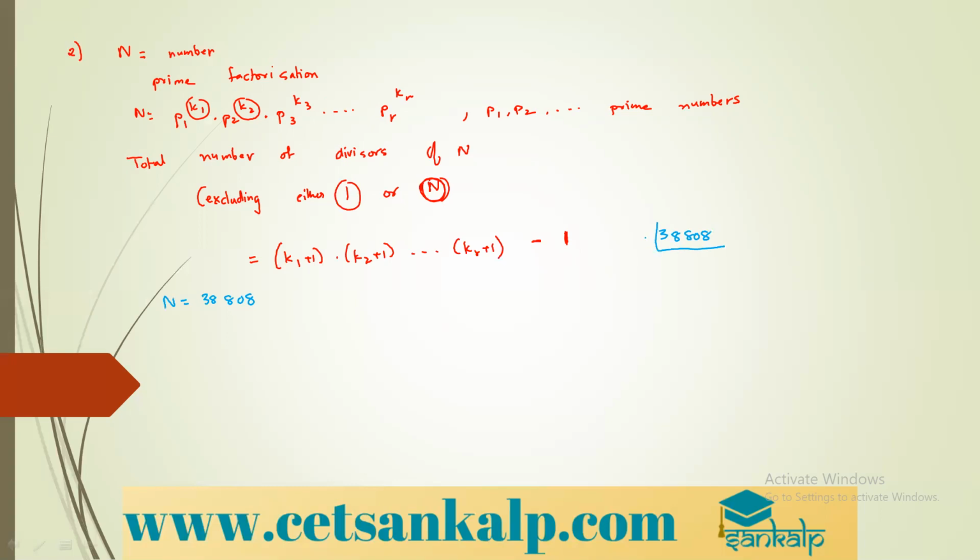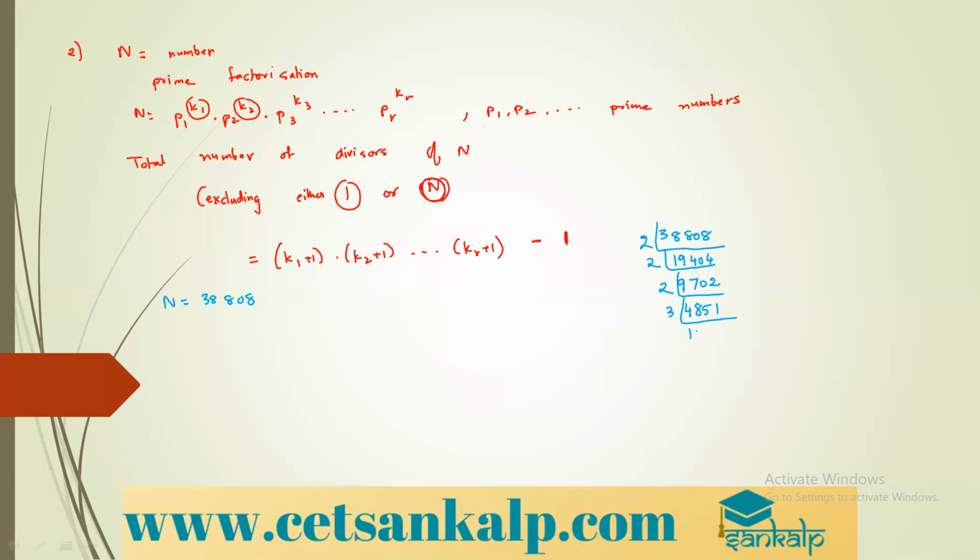So we will do it again. 2 nines are 18, 2 fours are 8, 2 sevens are 14, 2 fours are 8, 2 eights are 16, 2 fives are 10, leaving 1.